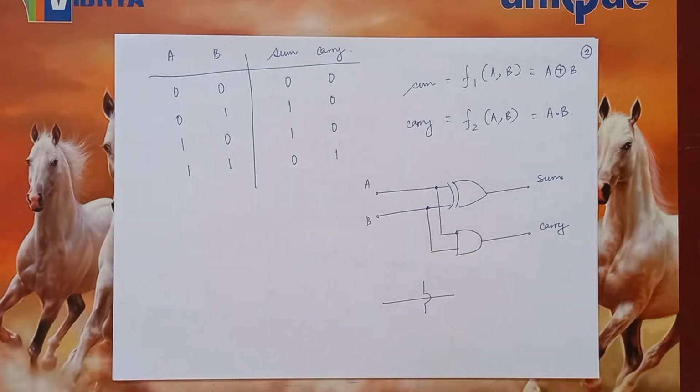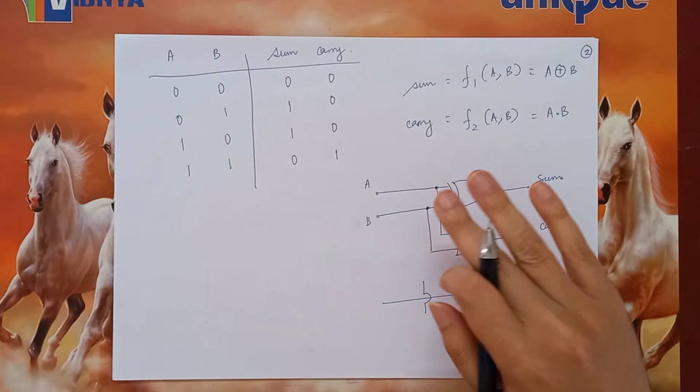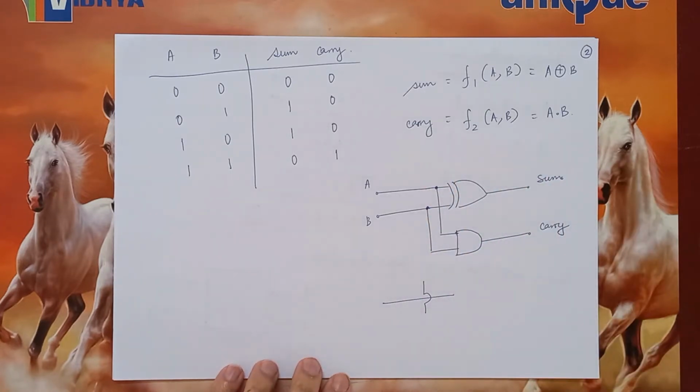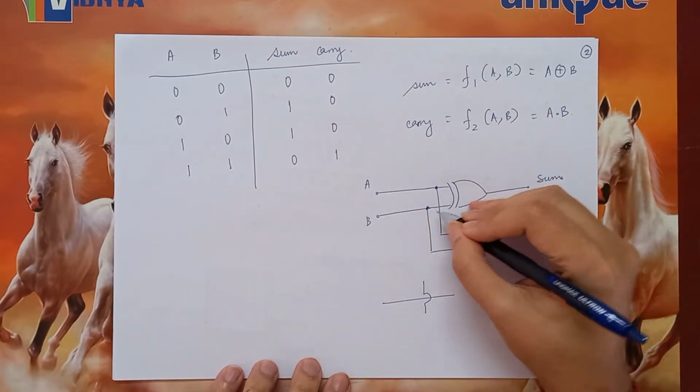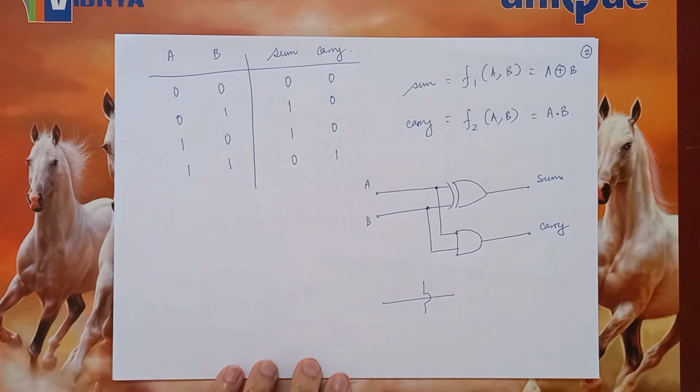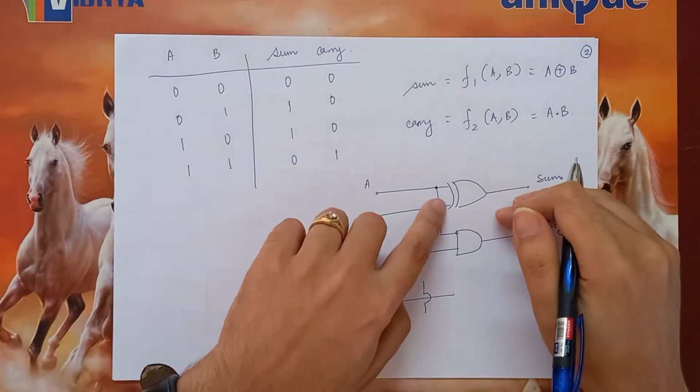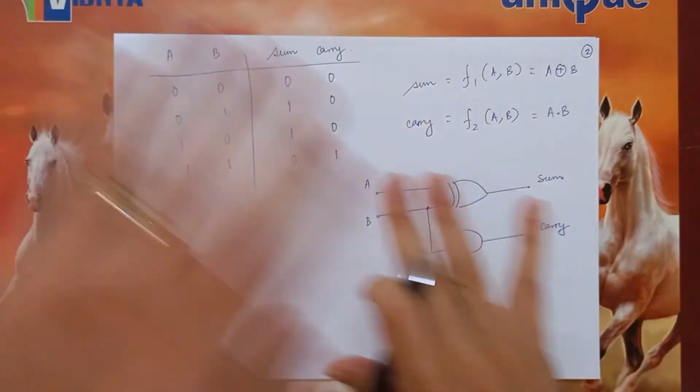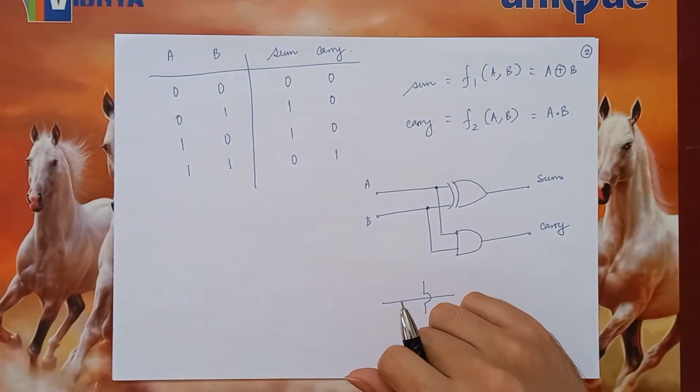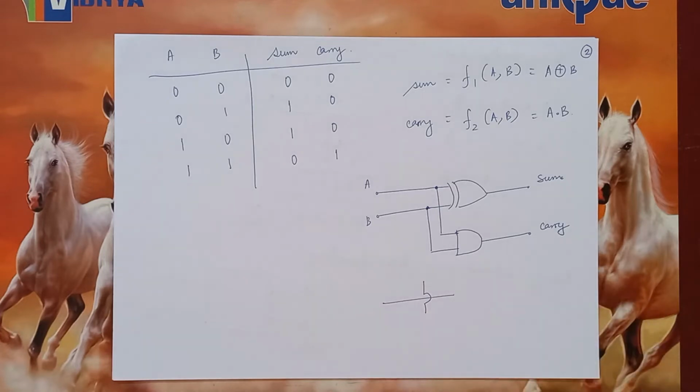You can use any one of them you want, but both of these are acceptable practices. So don't be confused that this line and this line are crossing. It just does not mean anything. There is no connection. In some sense, you can think of this as two wires crossing each other on the breadboard, but physically not touching each other.